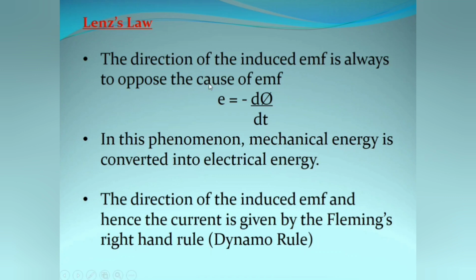So when it is induced in the coil, because of its direction, it starts to oppose the changing magnetic flux. Changing magnetic flux is itself the cause of EMF. And it is given by the equation E equal to minus dΦ by dt. So the negative sign indicates the direction of induced EMF. That means always induced EMF takes place in the opposite direction.